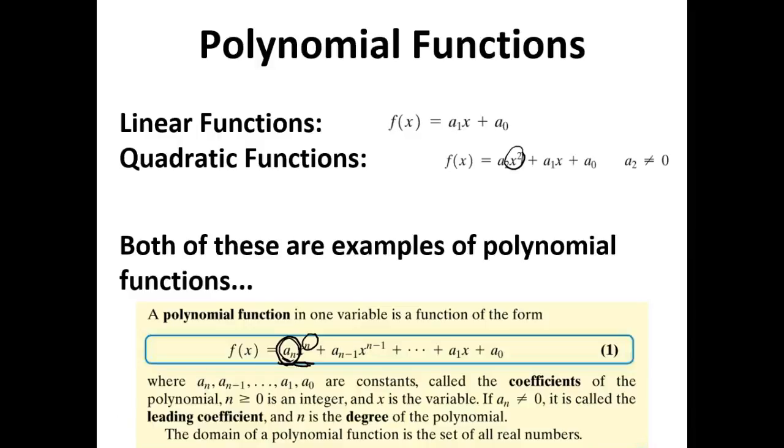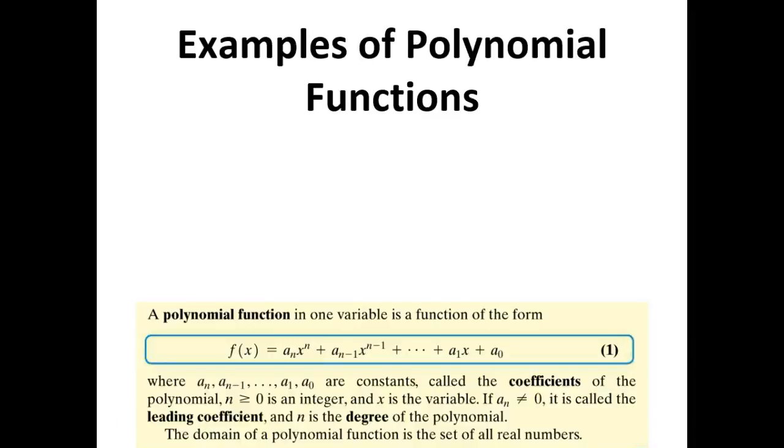Some examples of a polynomial function. If we have the function f of x equals 5x to the 9th minus 4x plus 3, that would be an example of a polynomial function. If we had the function f of x equals 7, believe it or not, that is a polynomial function.